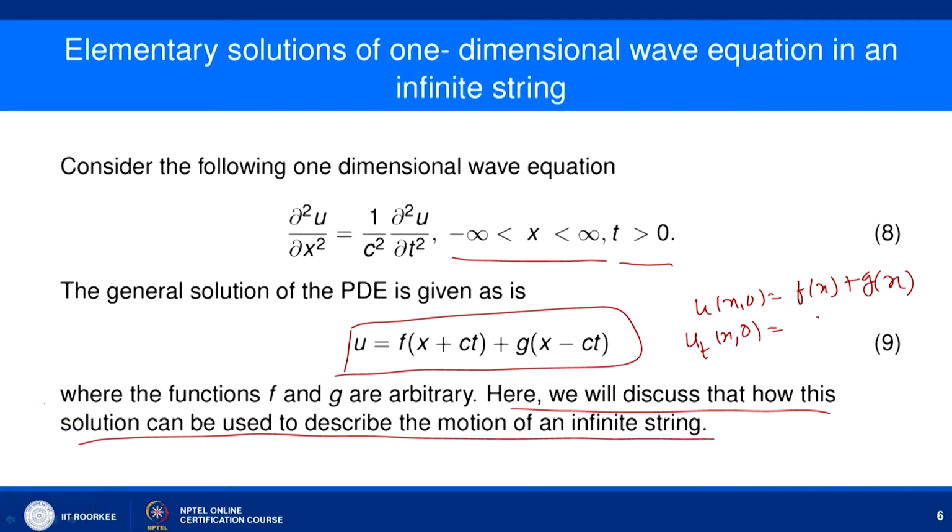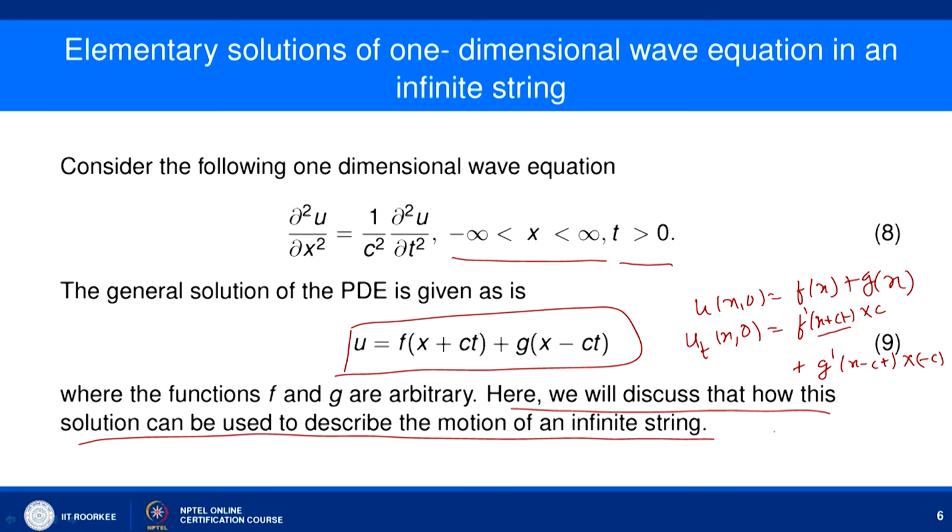So here when you differentiate f of x plus ct with respect to x plus ct, and then you differentiate x plus ct with respect to t, that is your c will come into the picture. Similarly your g, so you will get g dash of x minus ct, and then you differentiate x minus ct with respect to t, that will give you minus c.